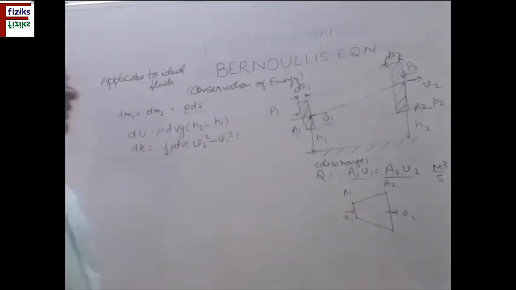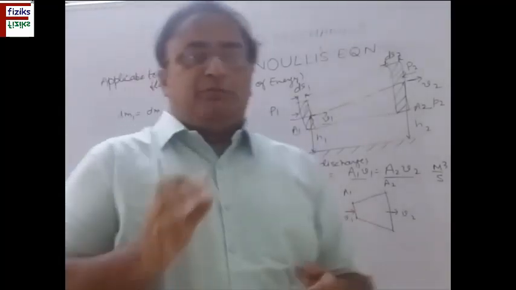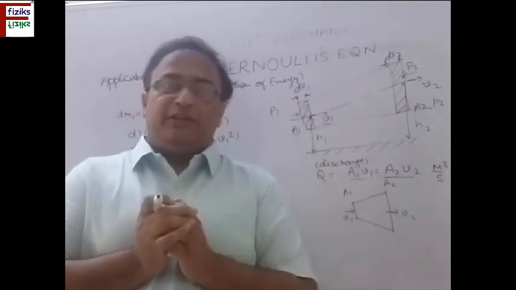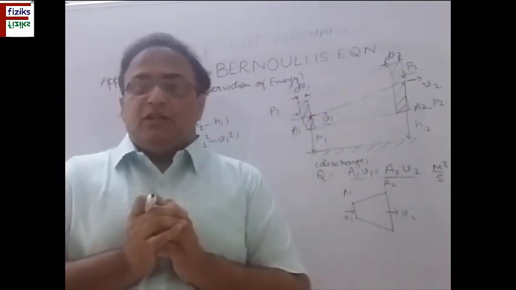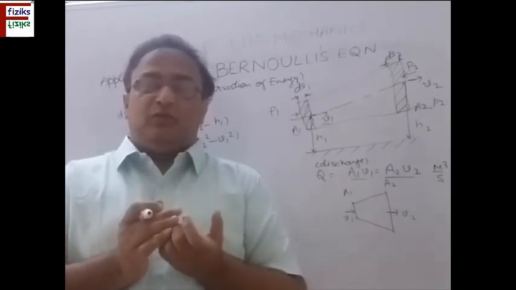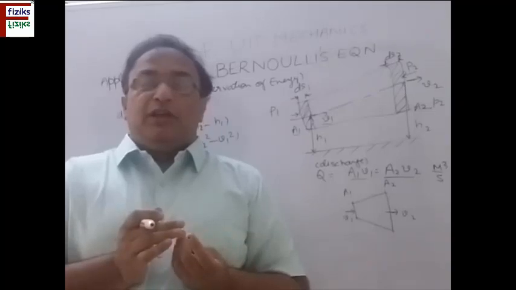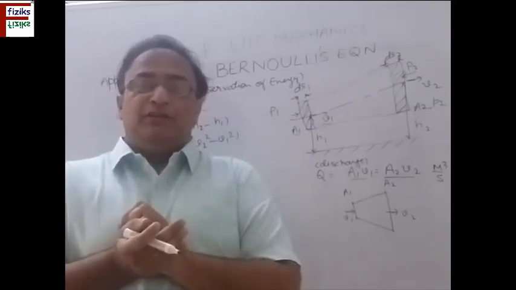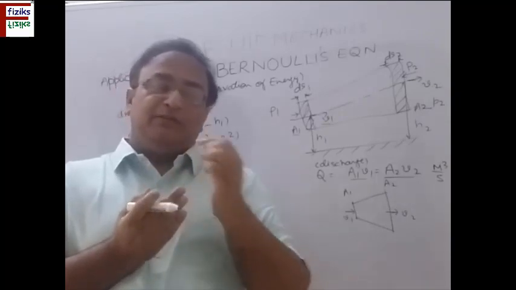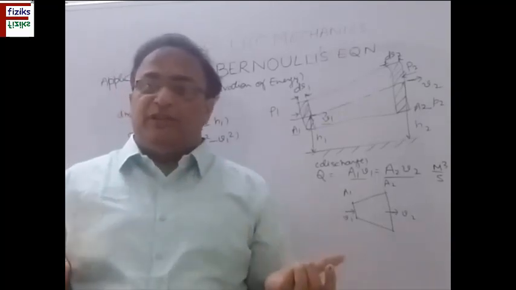Now when there is a change in energy, the potential energy and kinetic energy are changing, increasing or decreasing. Suppose they are increasing. Then where does this increase or decrease come from? If work is done on the fluid, then these energies will increase. And if work is done by the fluid, energies will decrease.